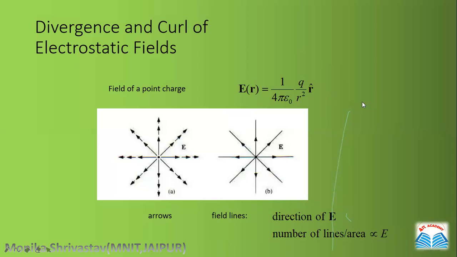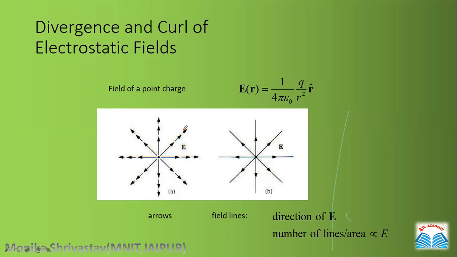So let me take the pen. The electric field is this one, from Coulomb's law, we know that. If we are considering this positive charge, these arrows denote the field lines, and they also denote the direction of the electric field.